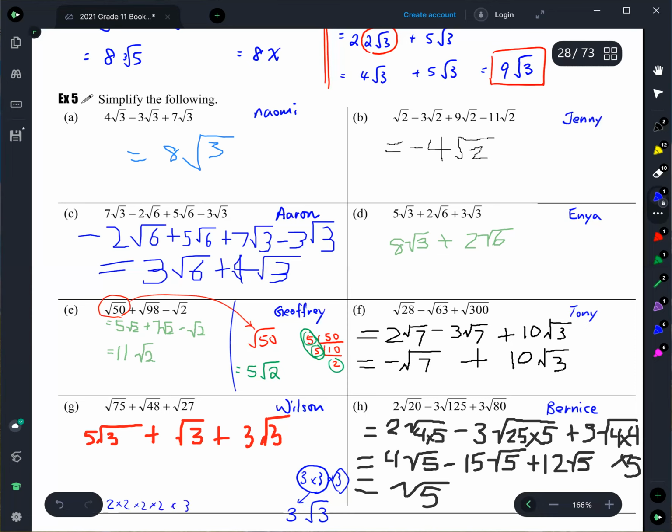Yeah, so you get a pair of 2. Do we have another pair? Yeah, so we have another pair of 2. So those 2 pairs will go out. So you have 2 2s going out.